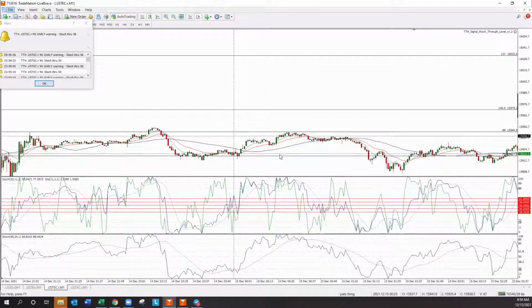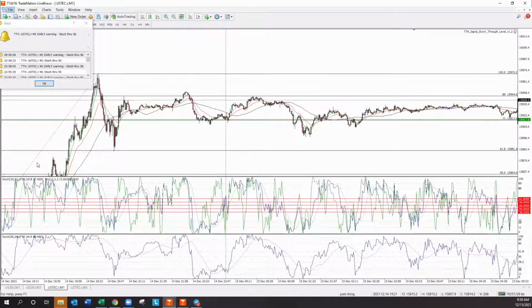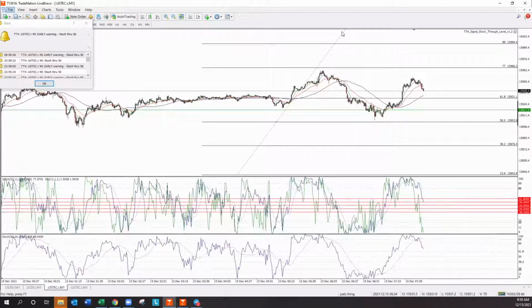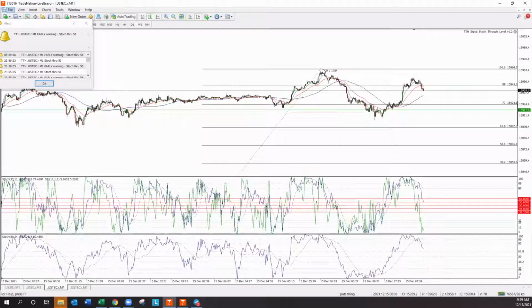Just pushing down a little bit just before open. Significant high low. I think it's going to be quite a tight range to start off the day.